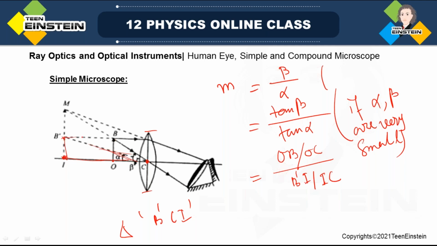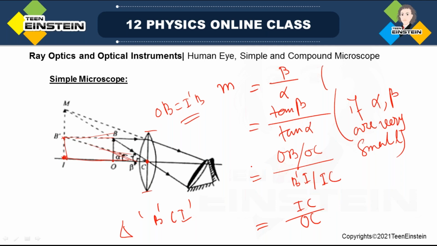These are parallel rays, right? So OB and IB prime are equal in magnitude. If I put OB here also, then OB will get cancelled, and I'll get IC by OC.